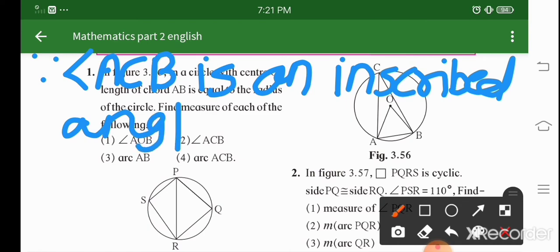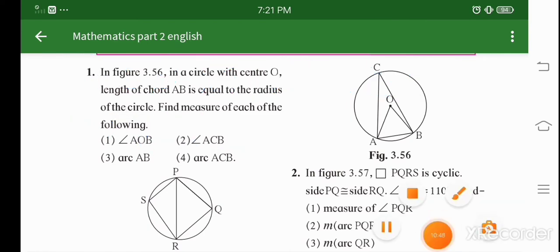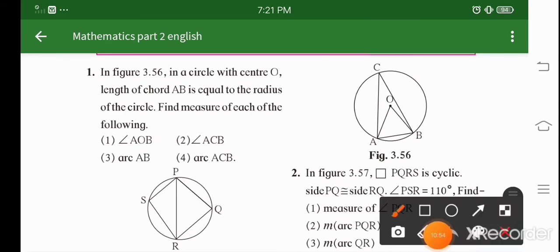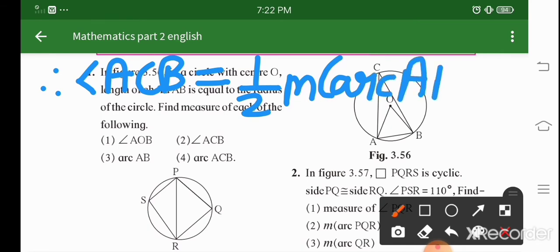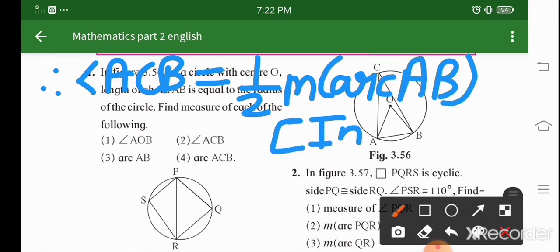I think this is clear. So in the next line, therefore, what you are going to get: this is your inscribed angle, so you can write angle ACB is equal to half of measure of arc AB, and you have to specify the reason why this is half: inscribed angle theorem.